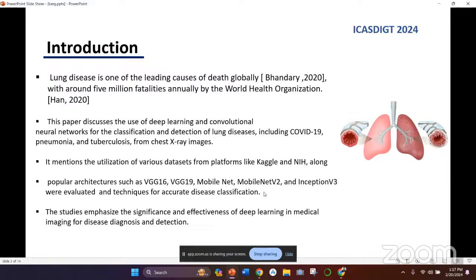Introduction: lung disease is one of the leading causes of death globally, with around 5 million people dying every year, as reported by the World Health Organization.